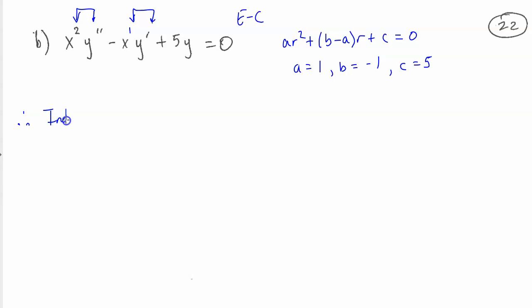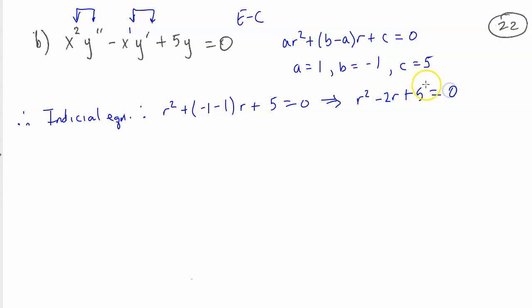So therefore, our indicial equation just ends up being r squared plus (-1 minus 1) r plus 5 is equal to 0. Here, this is just r squared minus 2r plus 5 equals 0.